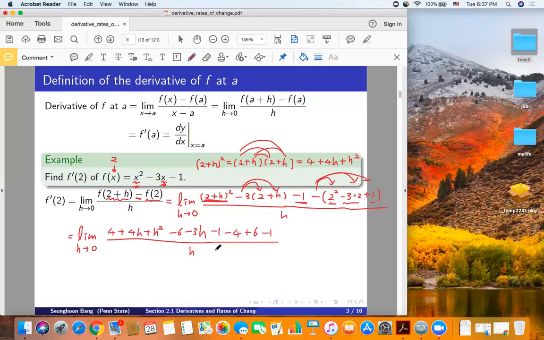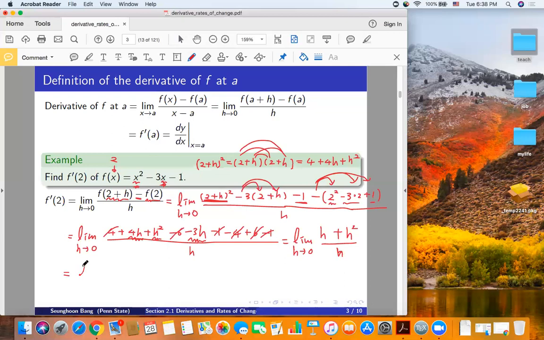The next step, we cancel the common terms. 4 is cancelled, 6 is cancelled, 1 is cancelled. What's remaining? The limit as h approaches 0 of 4h minus 3h, which is h, plus the last one h squared, over h.